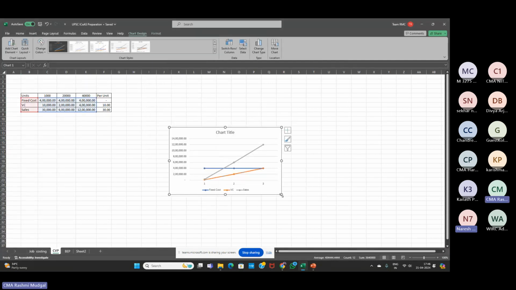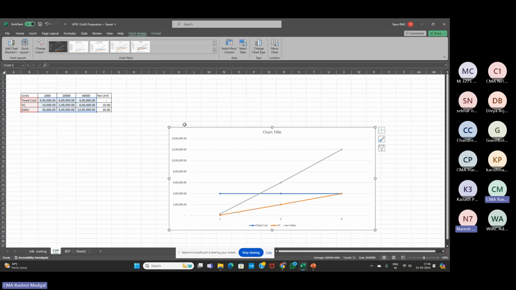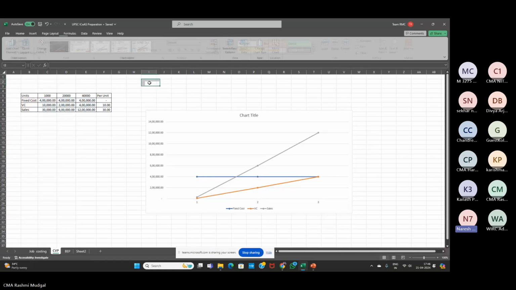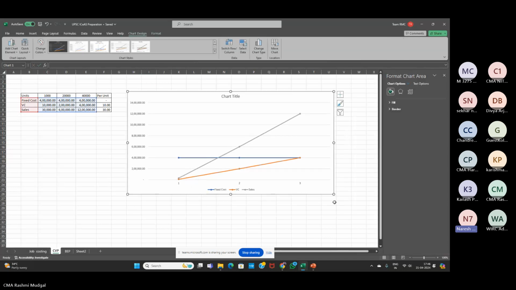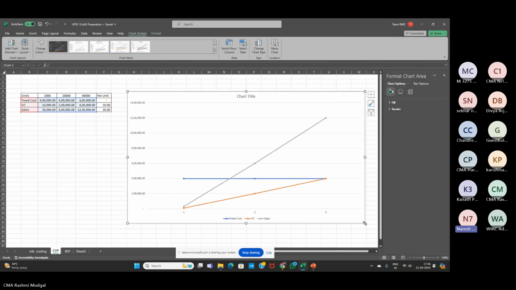In this chart, you can see this is my fixed cost, which will remain the same in the first case when I sold 10,000 products, in the second case when I sold 20,000, and in the third case when I sold 40,000.